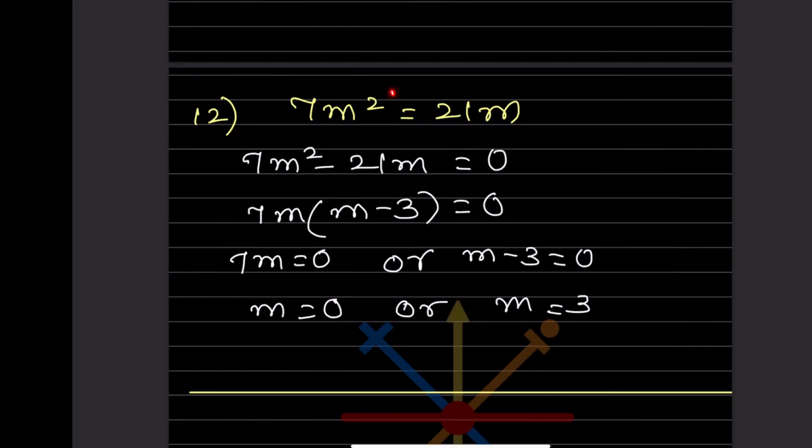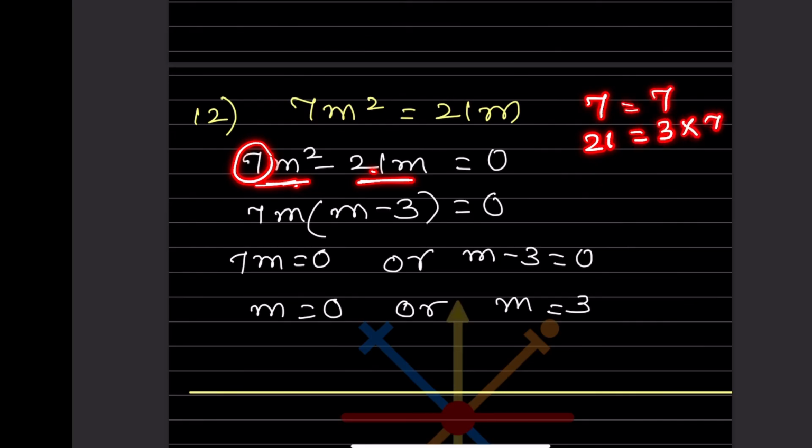So now look at this problem. Again, it's somewhat the same. Here, if you take this minus, it will be minus 21m. But now, after taking this, you can see that 7m is common to both of them. If you don't know, you just take the coefficients 7 and 21. This is 7 and this is 3 into 7, the factors of that.